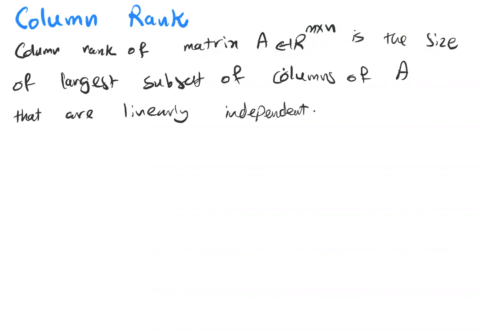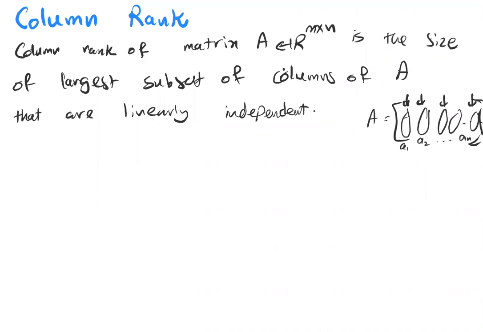So let's say this is our matrix A and it has several columns, right? What we want to see is the maximum number of independent columns of A in one set. Let's say this is column 1, column 2, column n.